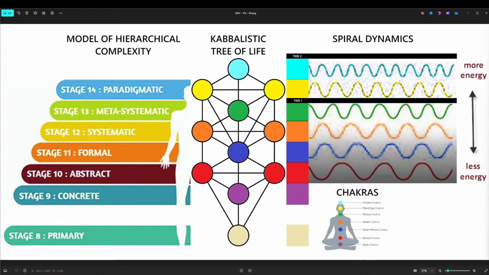So, yeah, the problem is there's a connection between blue and turquoise.